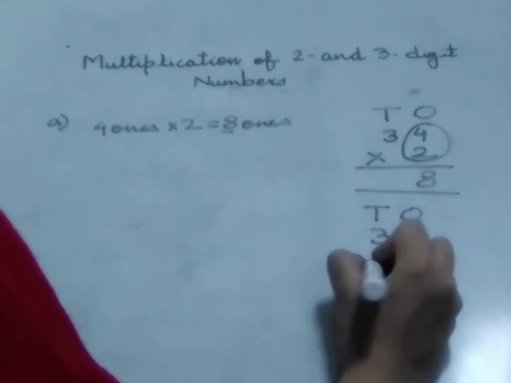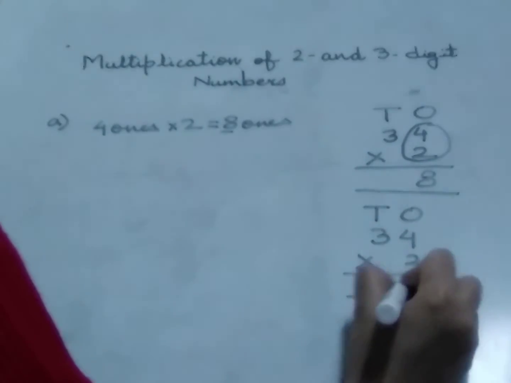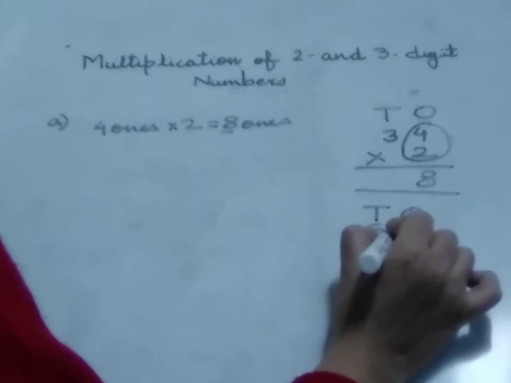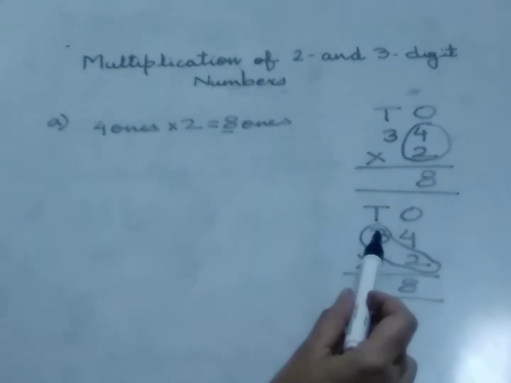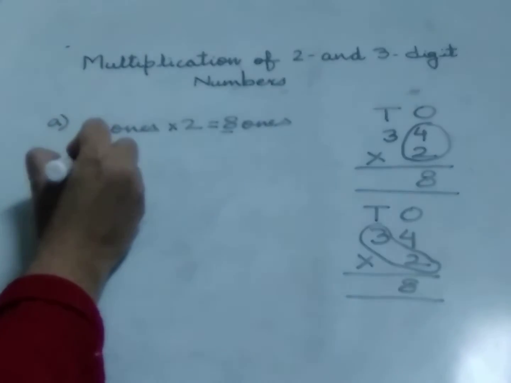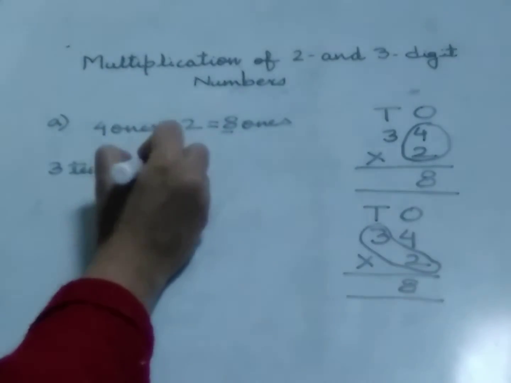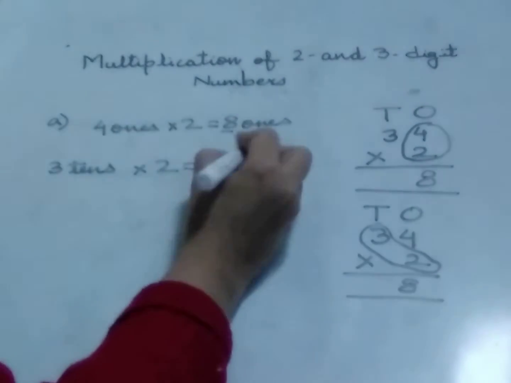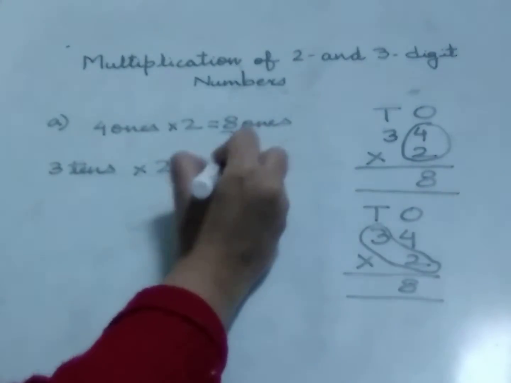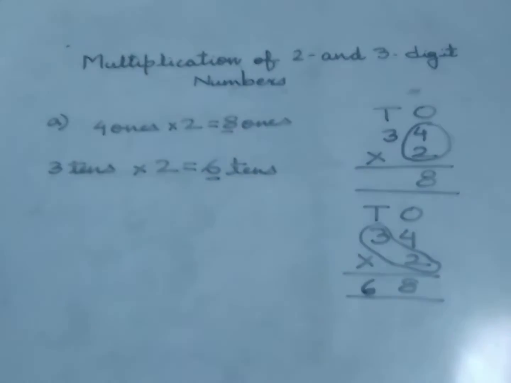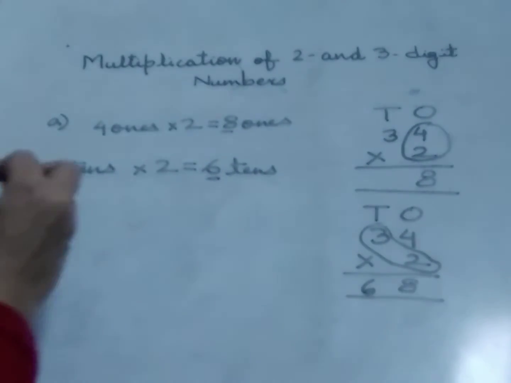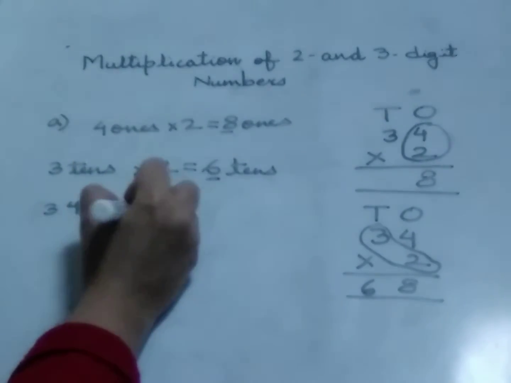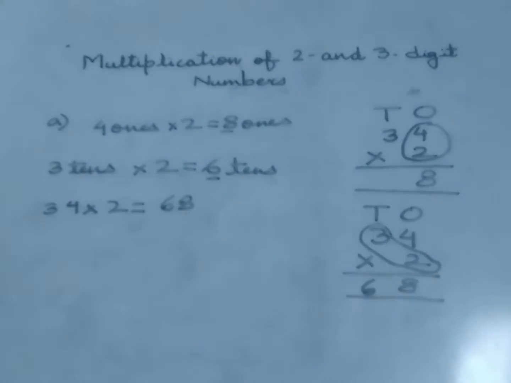Now multiply the tens next, which is 3 tens multiplied by 2 is equal to 3 twos are 6 tens. So write this 6 in the tens place. So our answer is 34 multiplied by 2 is equal to 68.